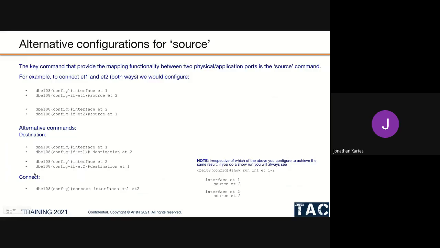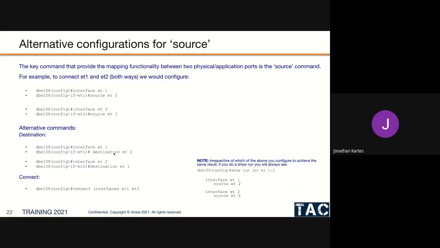Now, there are some alternative ways to configure this as well. The big takeaway is in the running config, you're always going to see it down here in the bottom right where it's sourced. But if you want to configure things differently or a little more quickly in some circumstances, you can edit that. So you can do the traditional interface ET1, source ET2, and vice versa. There's bidirectional. You could also do interface Ethernet 1, destination Ethernet 2.